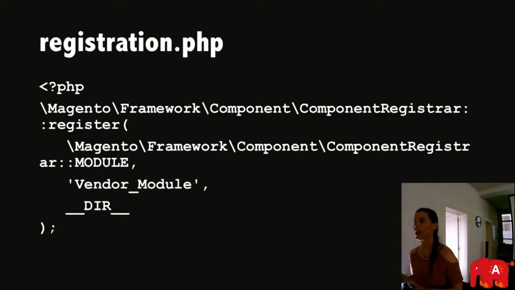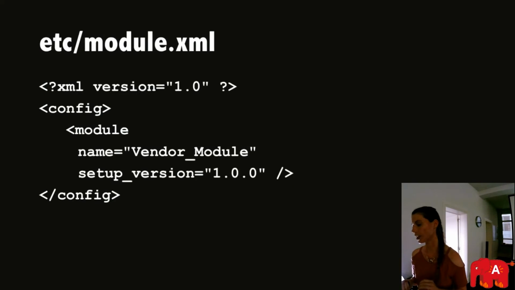Okay, the first file we need is registration.php. In this file, we basically tell Magento where it can find our module files. And we have to place this file in the root of our module. The next file we need is the module XML, and we have to place this in the etc folder.